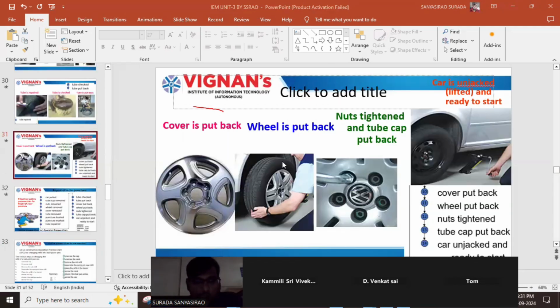Okay. So once puncture is marked, you have to repair the puncture and you have to put back the tube into the tire. After that, you have to put back the cover also. After that, wheel is put back.